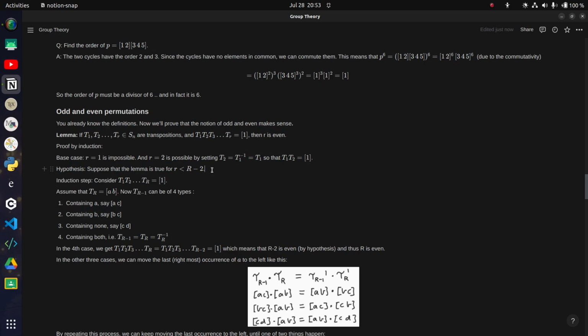Oh, it should be less than or equal to over here, sorry. In fact, let's just say it's less than R, that's better. So we have not done this for capital R, but everything less than capital R.